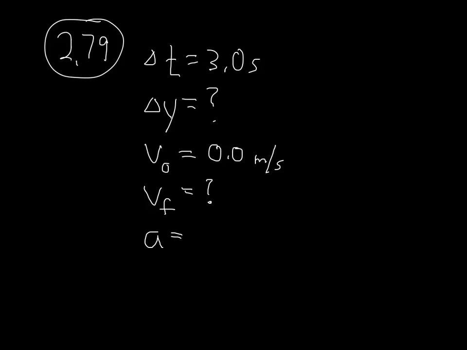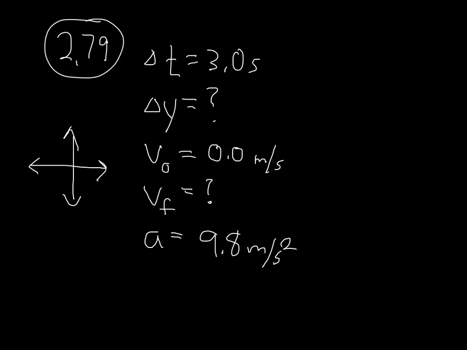And the acceleration. Do we know the acceleration? Yes. What is the acceleration? 9.8? Negative 9.8? Does it matter? Yes, it does. Here's my reference grid. We know there's a 9.8. Do we know the units of that? Meters per second squared.